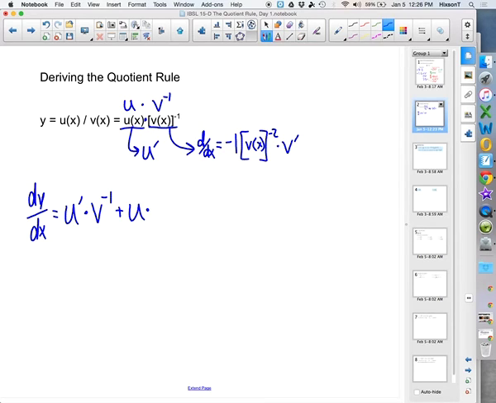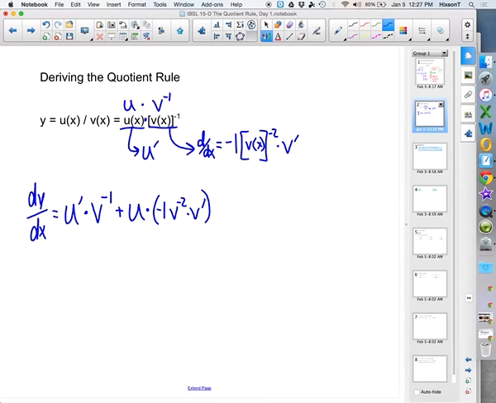Well, that's what we just found over here. So that's going to be negative 1 times v to the negative 2 times v prime. Everyone with me so far?